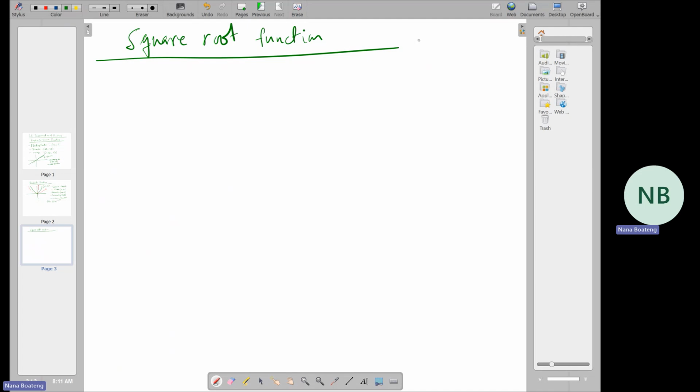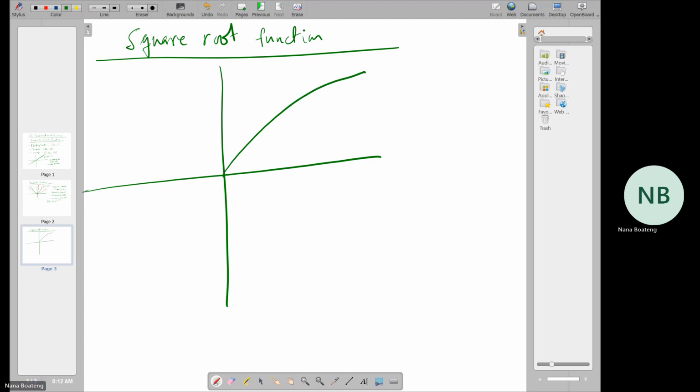This is the square root function. The generic square root function is given by the graph of y is equal to the square root of x.